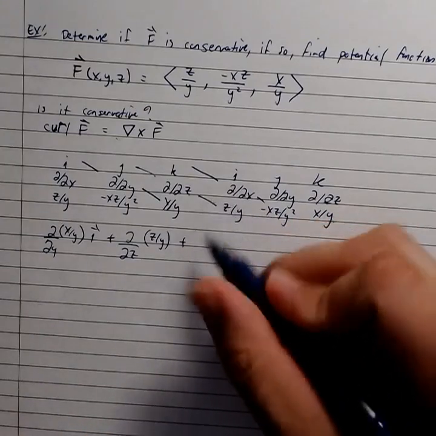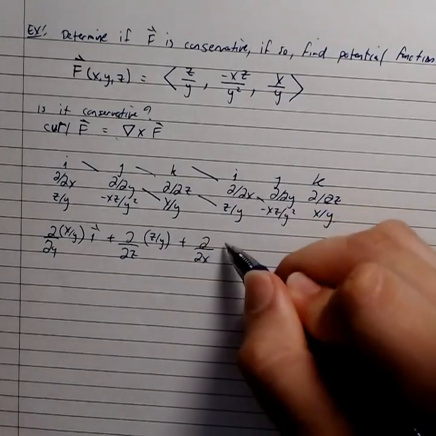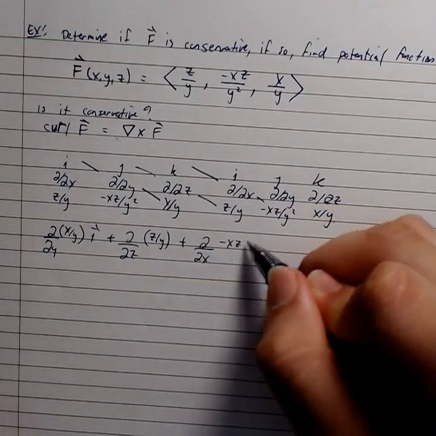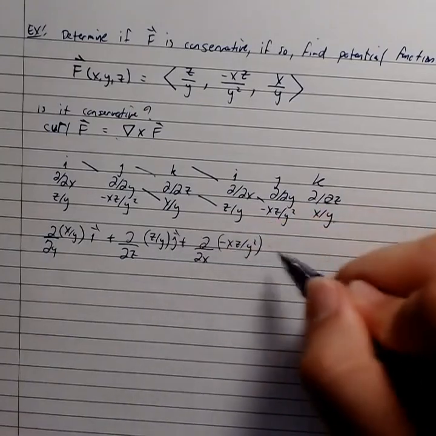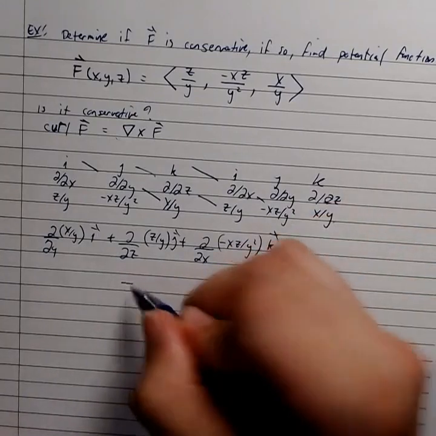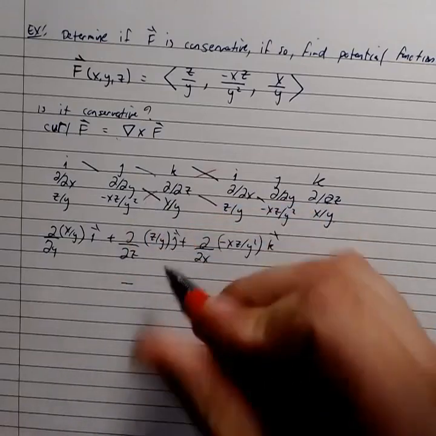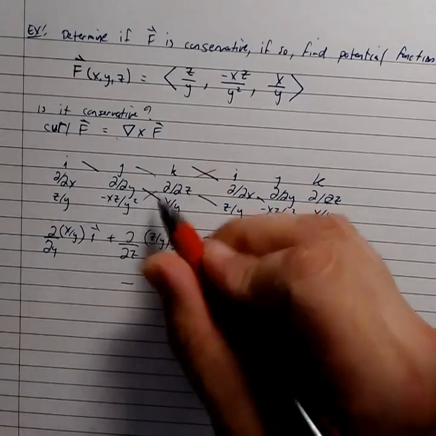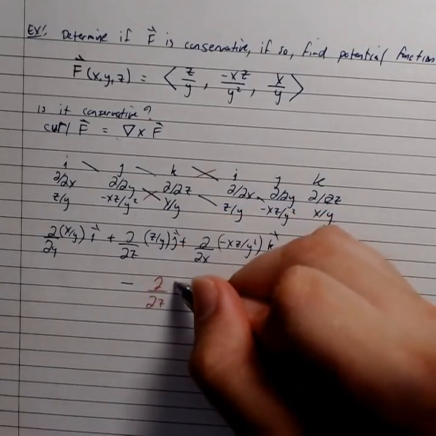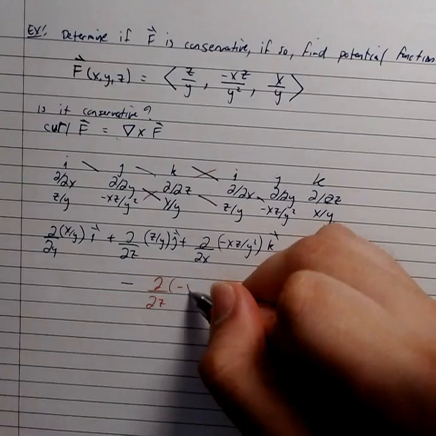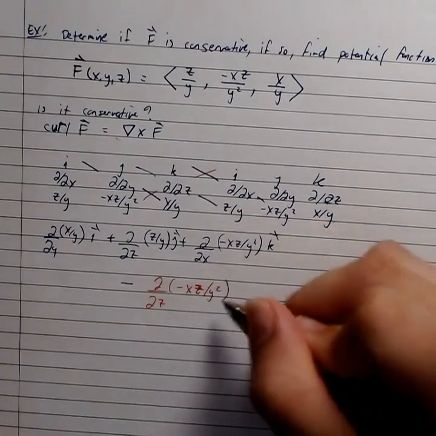So here, this third one would be the partial with respect to x of minus xz over y squared. And that's going to be our k, minus, and now we're going to go backwards. We're going to go this way. And that's going to be the partial with respect to z of minus xz over y squared.